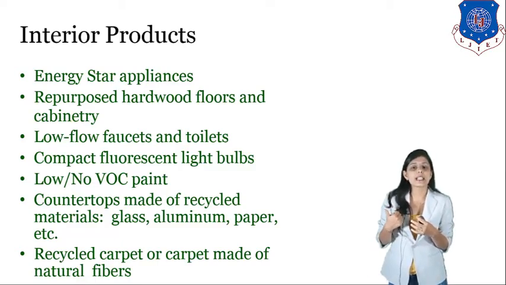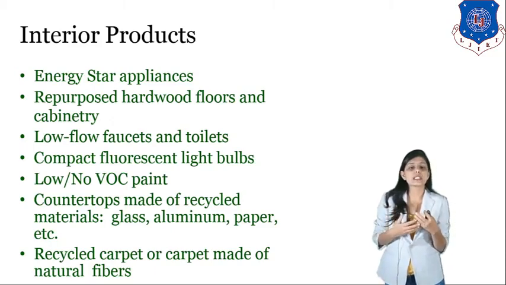Low flow faucets and toilets. The toilet should utilize less water to flush rather than utilizing 1 or 2 liters of water for flushing. Compact fluorescent light bulbs. The bulbs should be LED bulbs so that they save electricity. Low or no VOC paint.